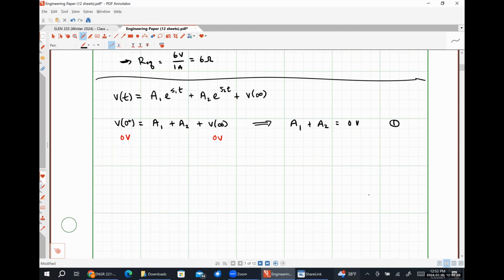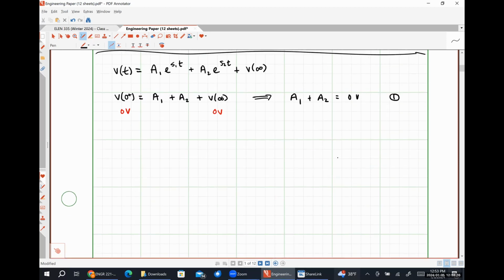Our second equation needs to be a derivative that is related to our first equation. Because we are choosing to look at this as if we're finding capacitor voltage, our second equation is going to be capacitor current.